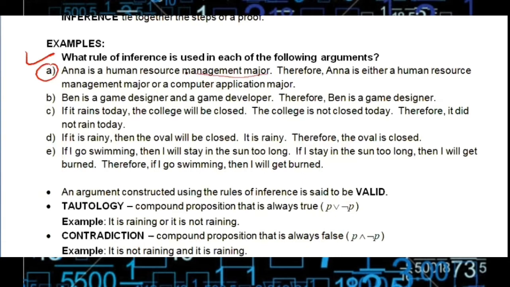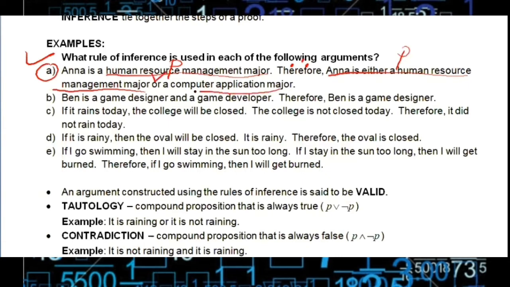Anna is a human resource management major, assuming this is your P. Then therefore, 3 dots symbol, and then Anna is either a human resource management major, so naulit lang siya. Again, this is your P. Or the symbol for or is like a V as in victory.